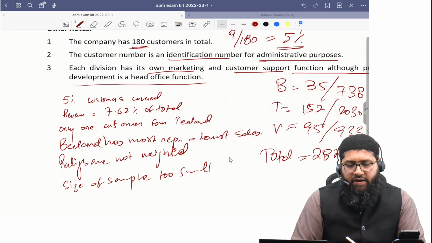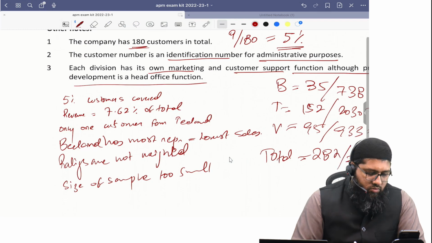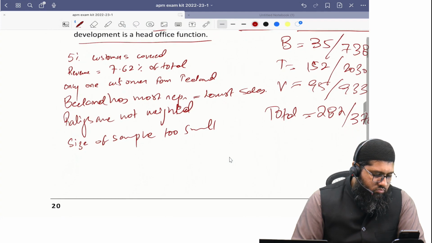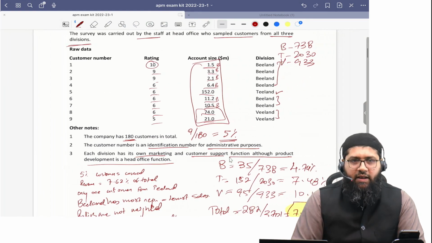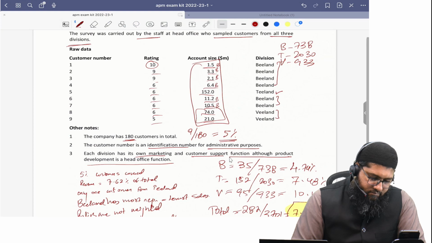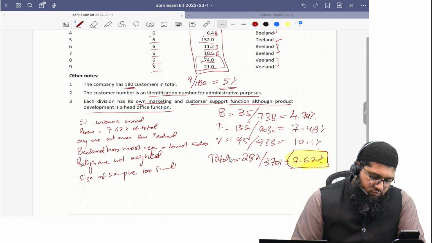The size of the sample that's covered is too small. It should not have been done like that, right?